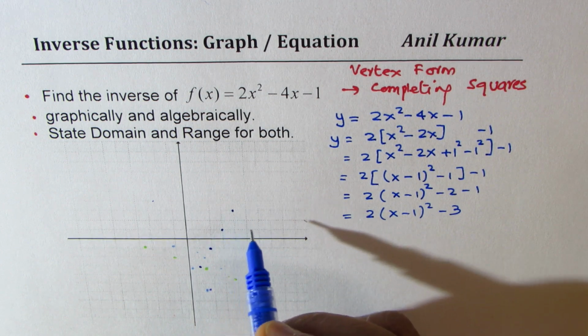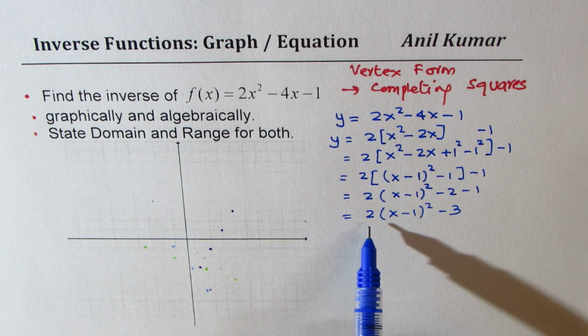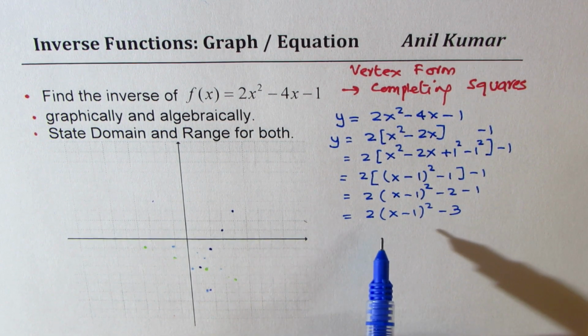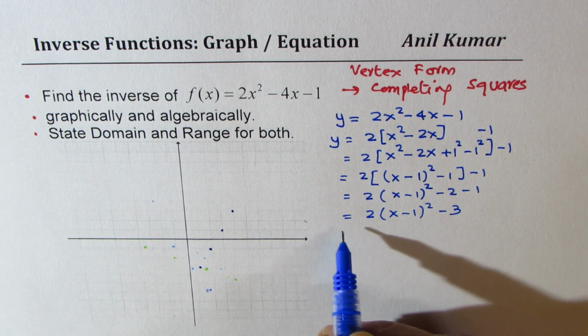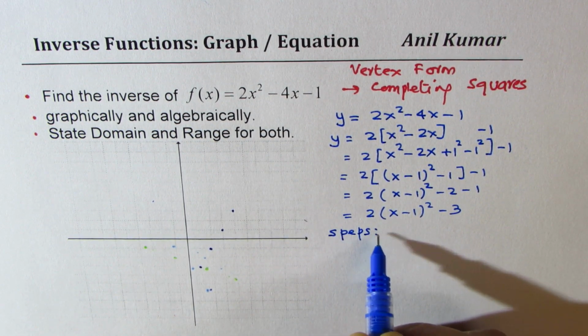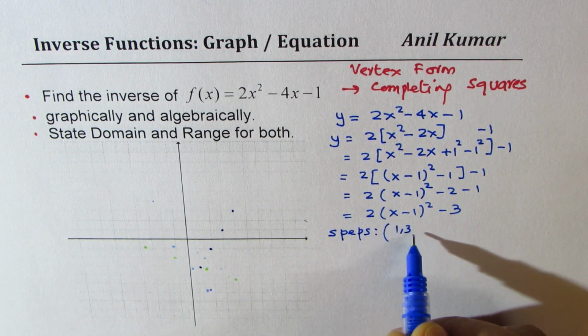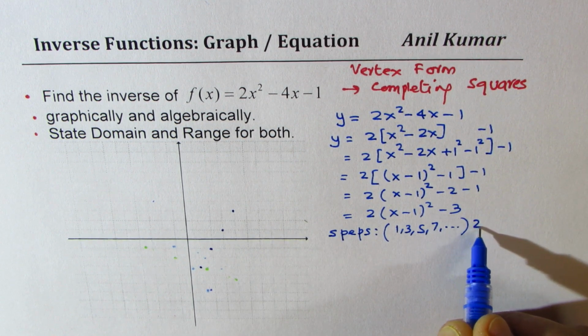So you kind of get a parabola, right? 1, 3, 5, 7 are the steps. Let me do this part again. So basically, we can have steps of 1, 3, 5, 7, and so on, multiplied by 2, right?